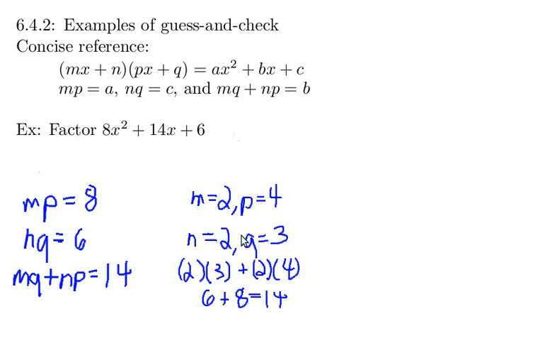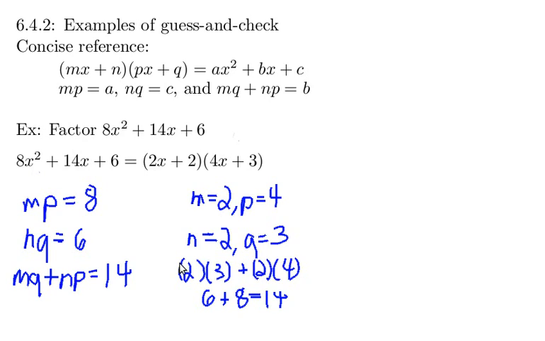It's unusual that the first time it works, but if it works, it works. That's good. So that means that this is going to be equal to, we have what m, p, n and q are, so it's going to be 2x plus 2 times 4x plus 3.